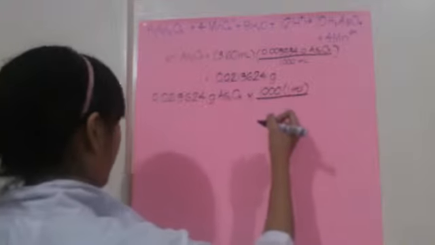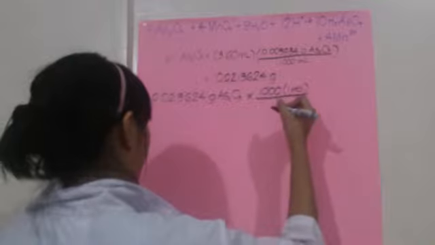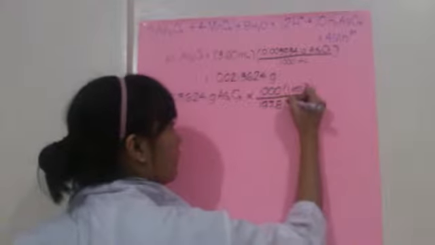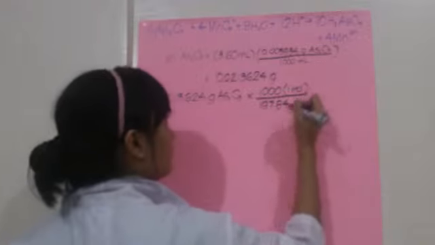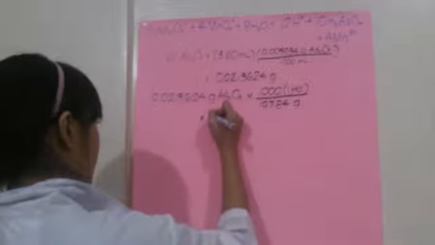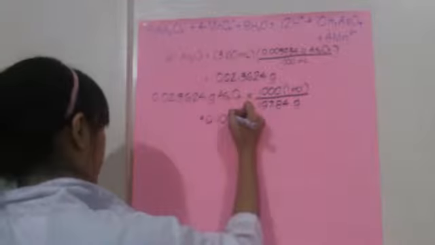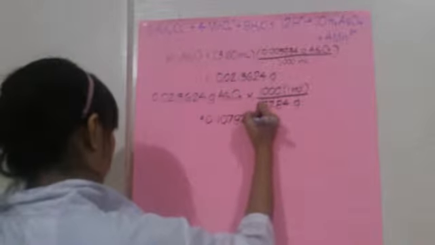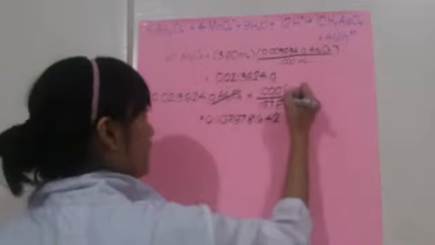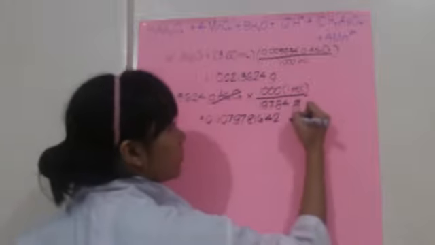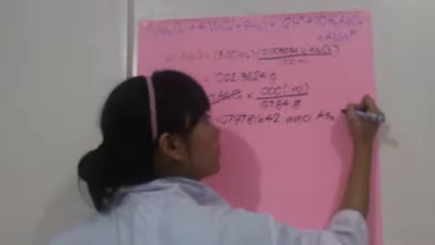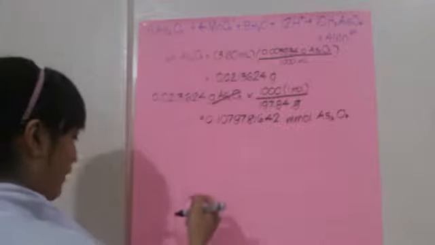The formula weight of As2O3 would be 197.84. Computing this, you will get an answer of 0.10797814642. The units outside will be cancelled, so it will be in millimole As2O3.